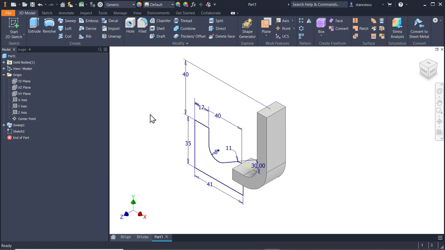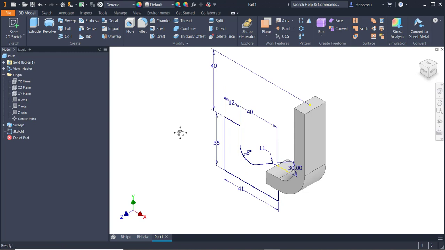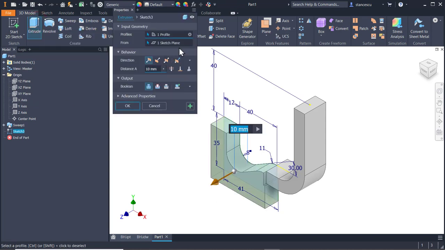Now we use a technique which will be used next by extruding and selecting another plane for the sketch. We did this before.